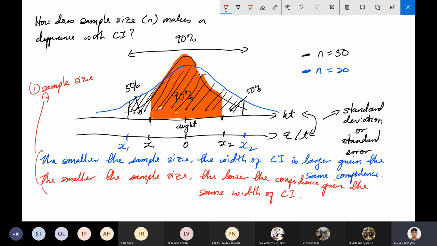One is sample size. Two is the confidence level. Three is the width of the interval. You can only pick two to remain constant. The third one will automatically have to change. So far, any problem?